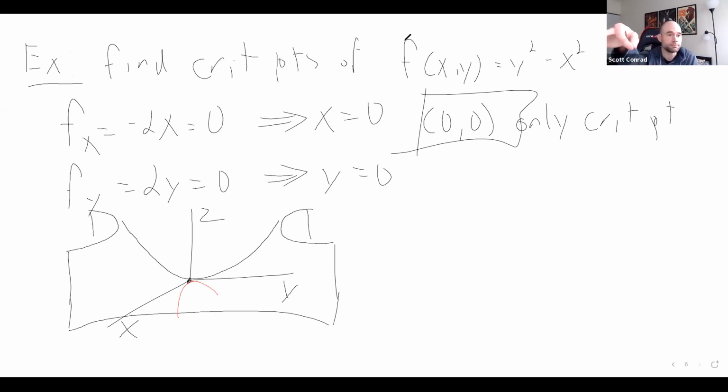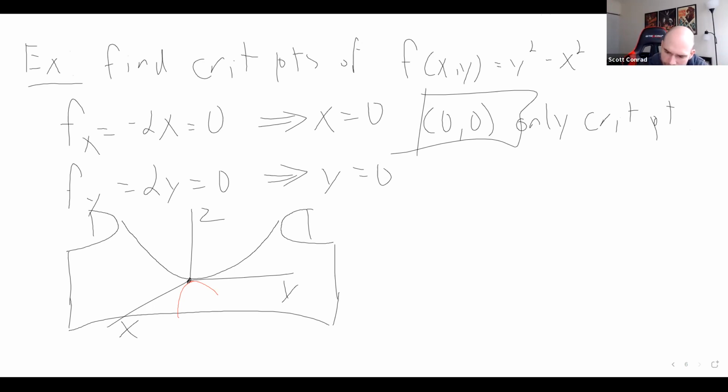If you move along the x-axis, as you move away from 0, 0, the value of your function is going to be negative, right? You're sloping downwards away from 0, 0 as you move in the direction of the x-axis. So 0, 0 is the highest point along the x-axis.